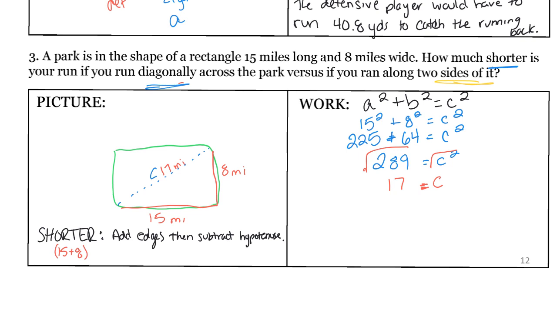Whatever that gives us, we're going to subtract our hypotenuse. So what is 15 plus 8? 15 plus 8 is 23. What's 23 minus 17? That gives us 6. So it is 6 miles shorter to run diagonally through the park.